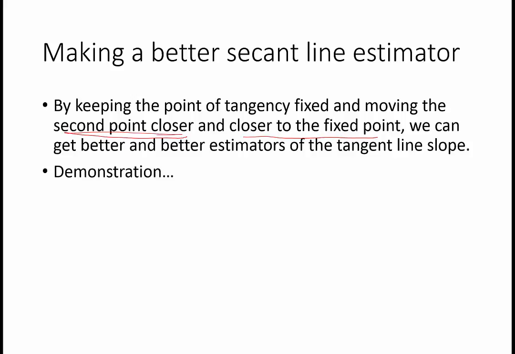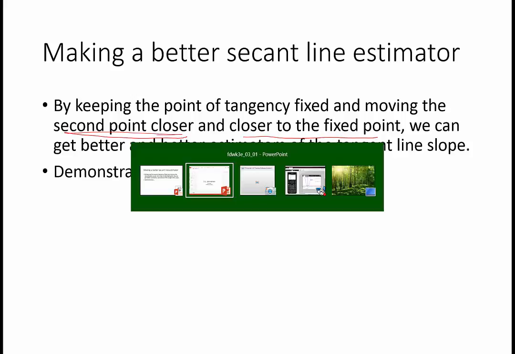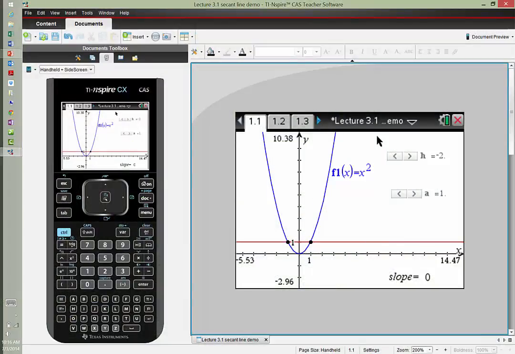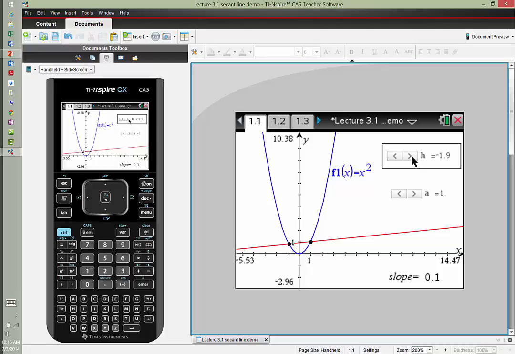Let's give that a try by looking at a demonstration using our calculator. So switching over to the calculator, and again, here's where we left off with that picture, and I'm going to start moving my point closer and closer.